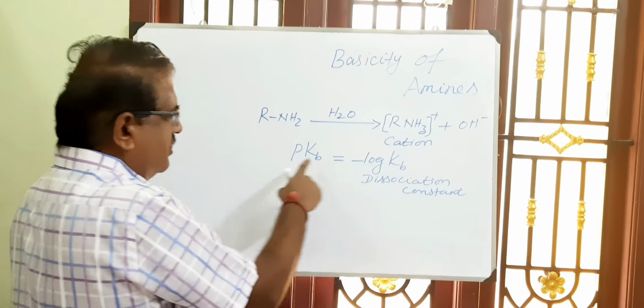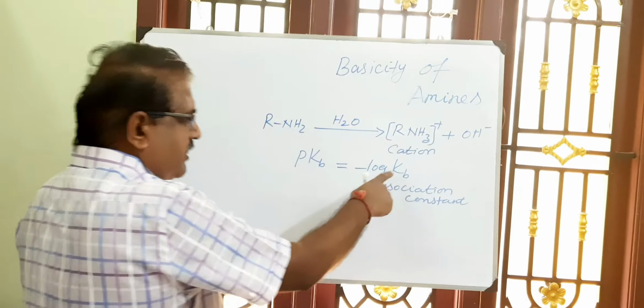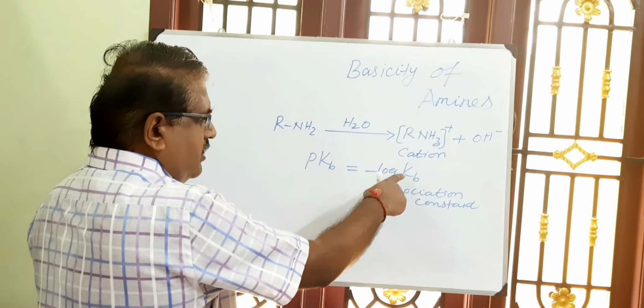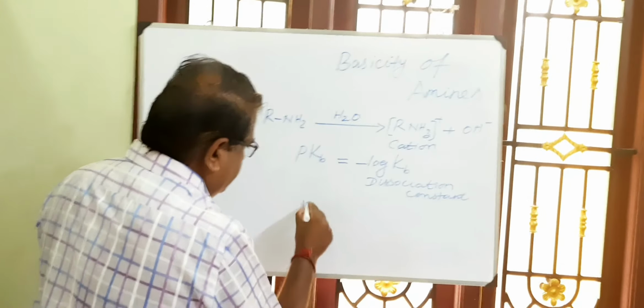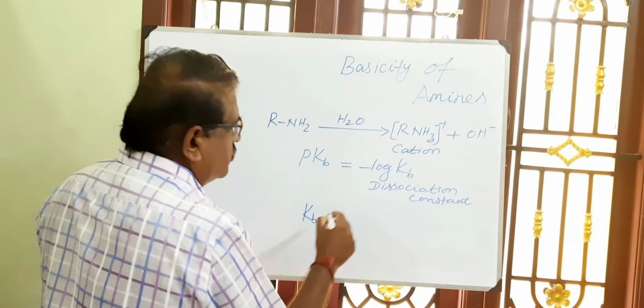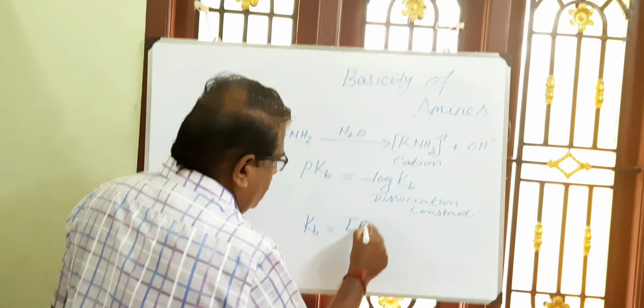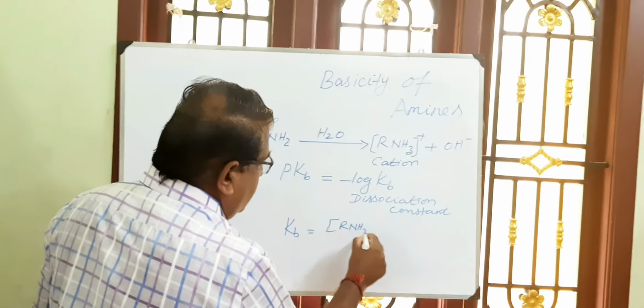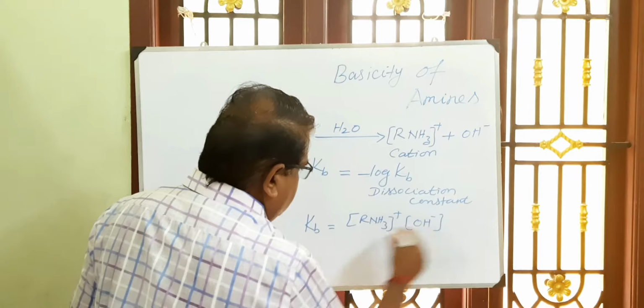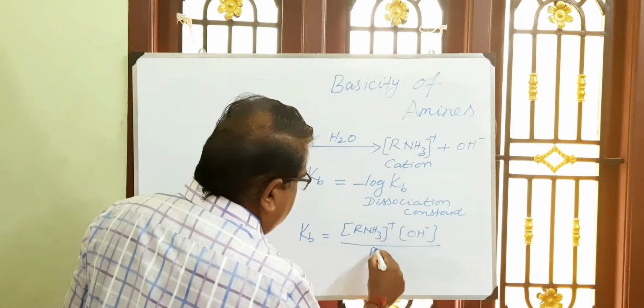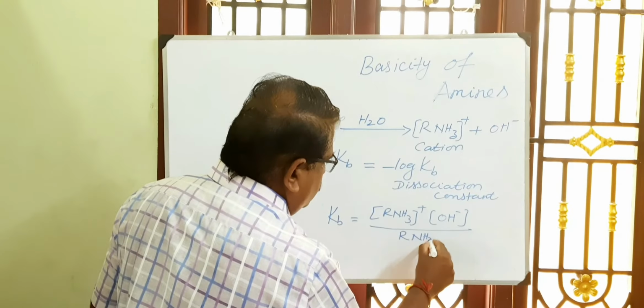From the Kb we can calculate the pKb. The Kb can be calculated on the basis of this expression: Kb is equal to the concentration of RNH3 plus and OH minus divided by RNH2.